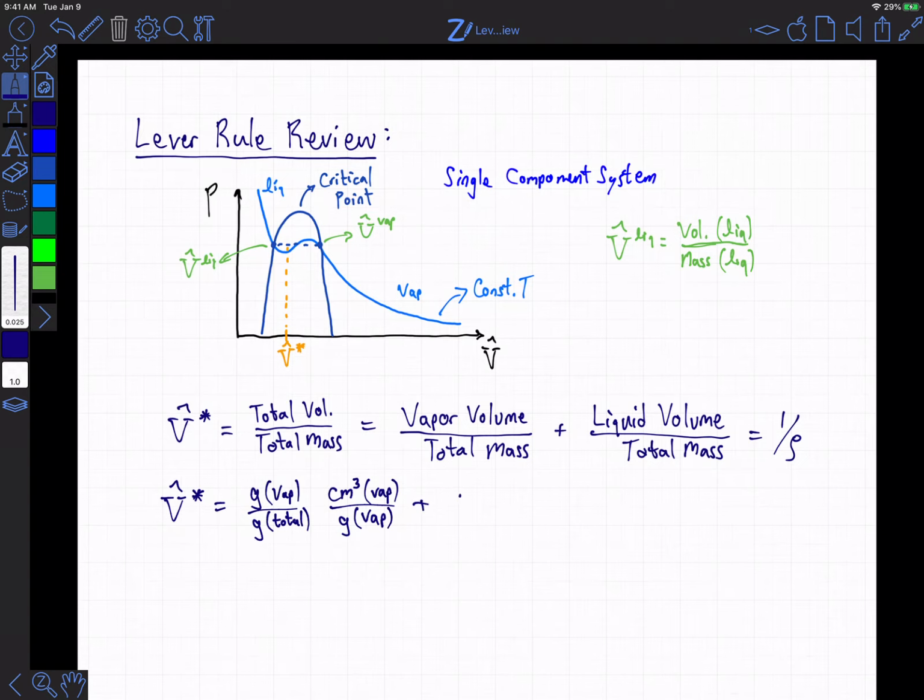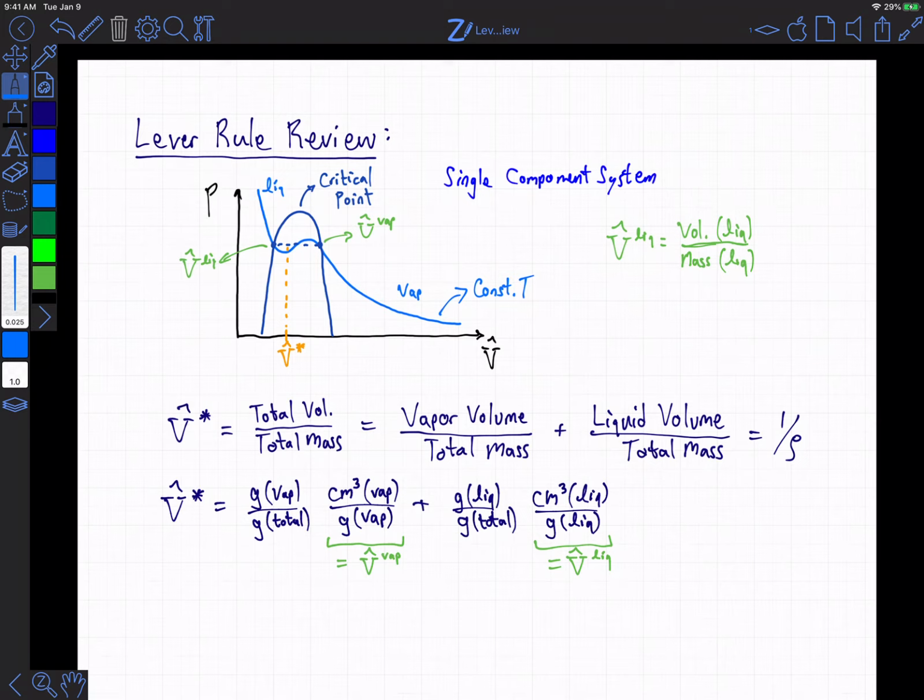And we could come in and do the same thing for the liquid. All right, and so we know then in this case that this is simply equal to our specific volume of the vapor, and we can say the same thing for the liquid side of the equation.